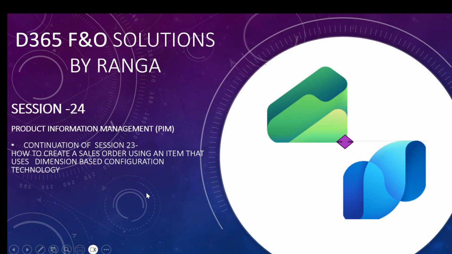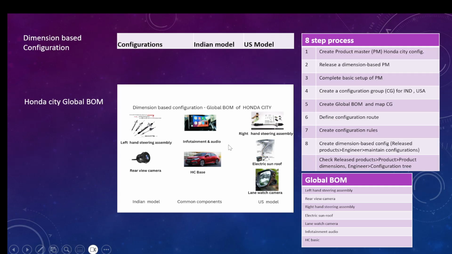This is session 24. In this session, I'm going to continue my previous exercise, the product master that I created using dimension-based configuration technology. I ended with creating a product master that uses dimension-based configuration technology.